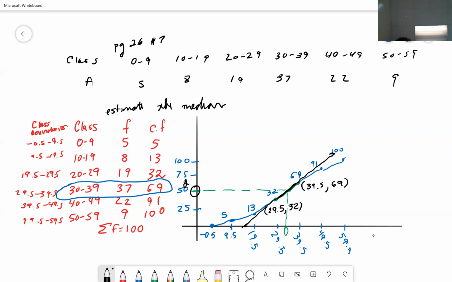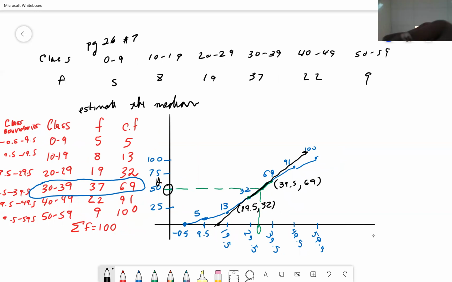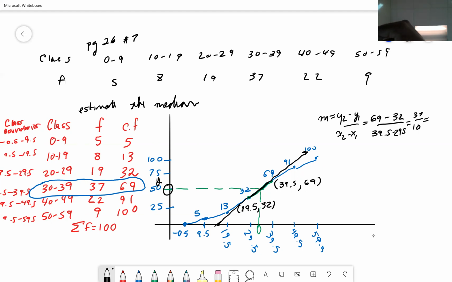So let's begin that work. m equals y2 minus y1 divided by x2 minus x1. So that's going to be 69 minus 32 divided by 39.5 minus 29.5. So that equals, let's take a look, 69 minus 32 divided by 10. So that's 37 divided by 10. We get a slope of 3.7, I believe.